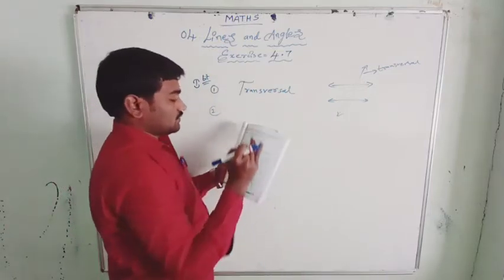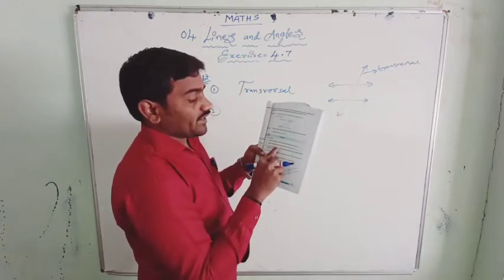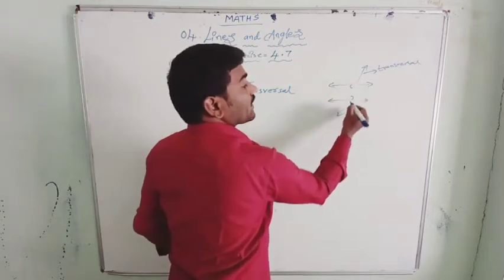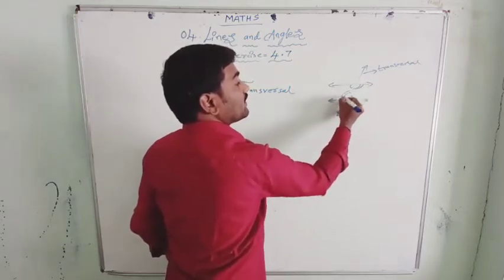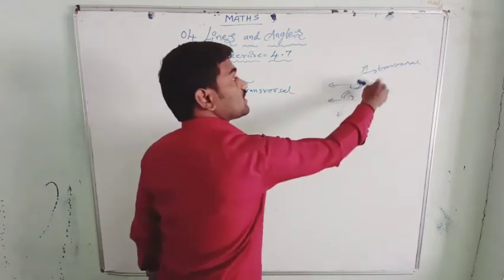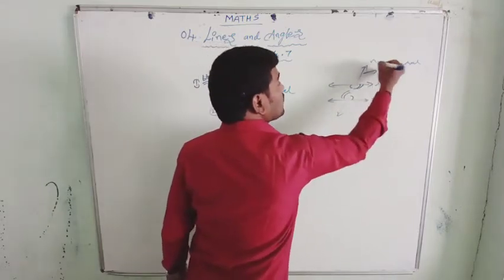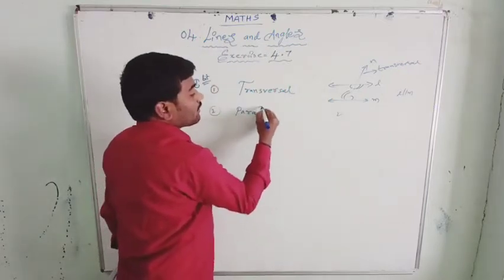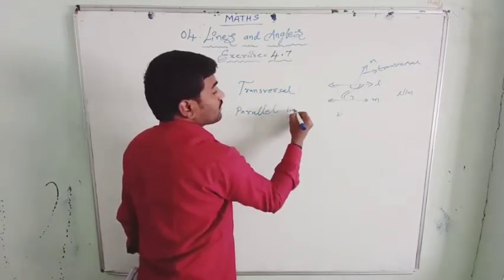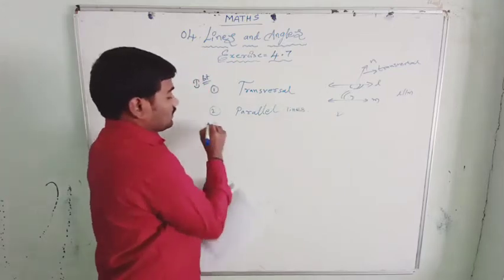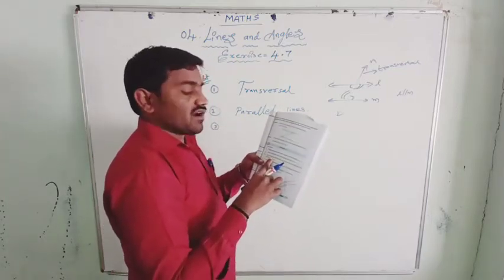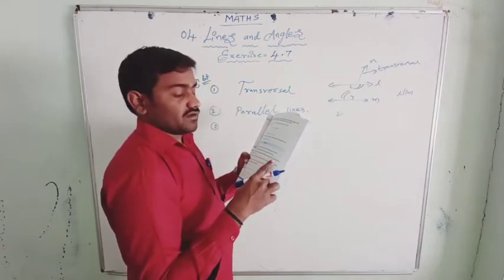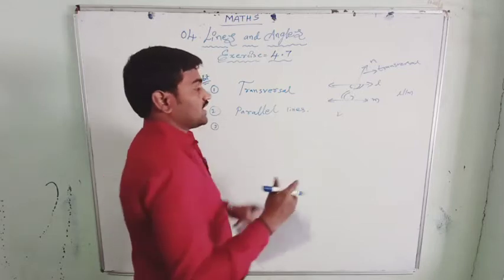Next, if a pair of alternate interior angles are equal, then the lines are called dash. Suppose these two alternate interior angles are equal, then these two lines, L and M, suppose L is parallel to M, are called parallel lines. The third filling the blank: if the sum of interior angles on the same side of the transversal is supplementary, then the lines are called dash.